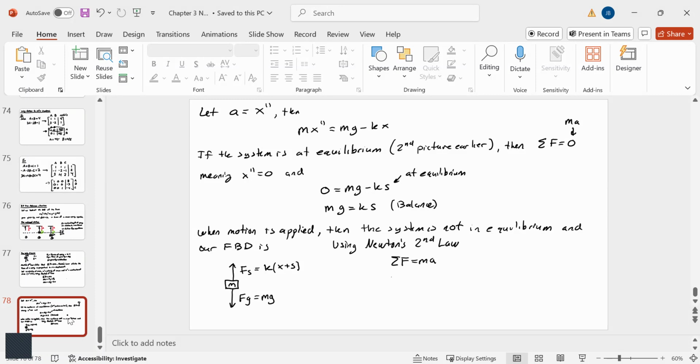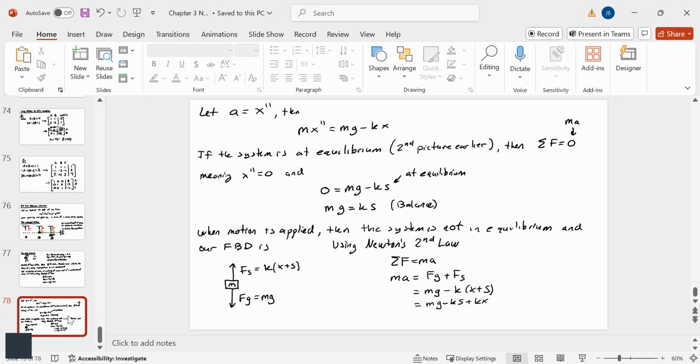And so we're going to say mass times acceleration is equal to the force of gravity plus the force of the spring, which is equal to mg plus, or I guess to say minus because it's going in the opposite direction, k times x plus s. And if we distribute the k value into it, mg minus ks plus kx, like that.